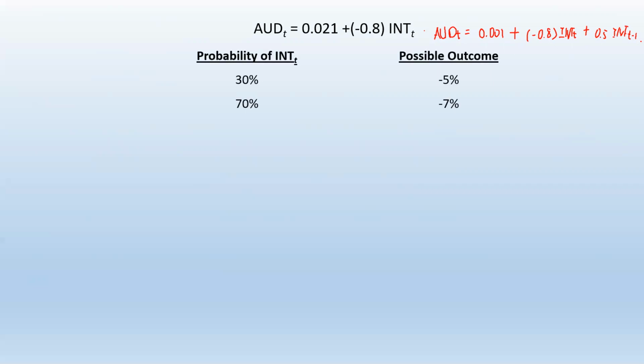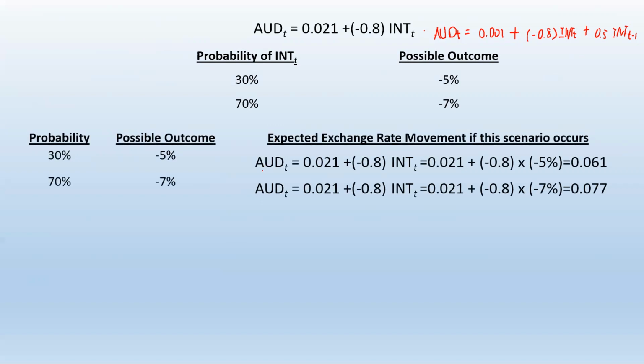And with this 30% probability, the possible interest rate differential is -5%.